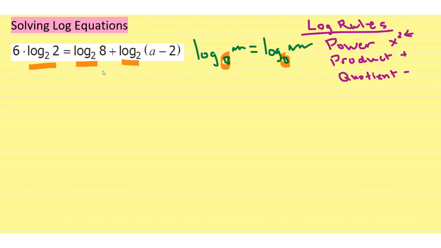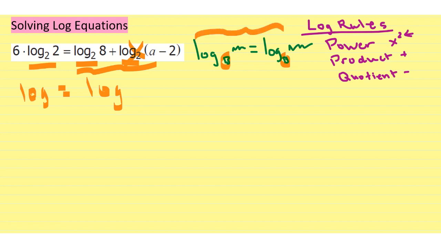However, there are 2 logs, a log plus a log on this side. That's not acceptable. We need to get it down to a log equal to just another log, not 2 logs. So we're going to use our log rules to help us get it into that format.